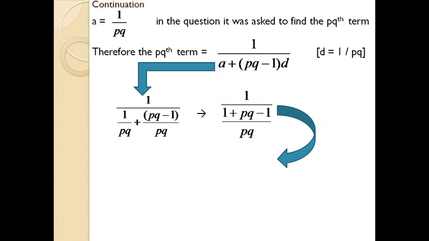So in the denominator it is 1 by pq; when its position is shifted from denominator to numerator, it becomes pq. So we get pq divided by 1 plus pq minus 1, where the 1 and the minus 1 cancel because they have different signs. So pq divided by pq, you will get 1. In the question it was asked to show that the value of the pqth term is 1. So hence proved.